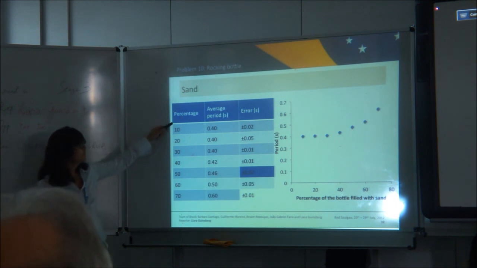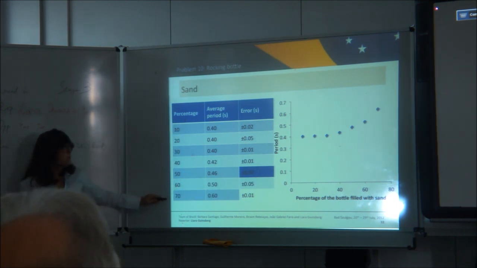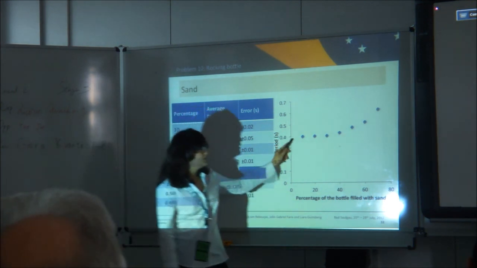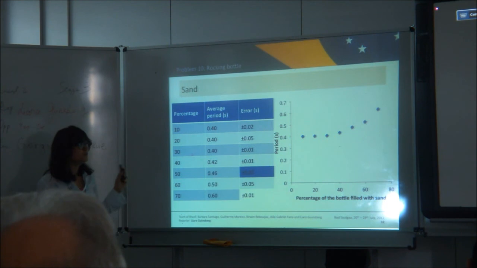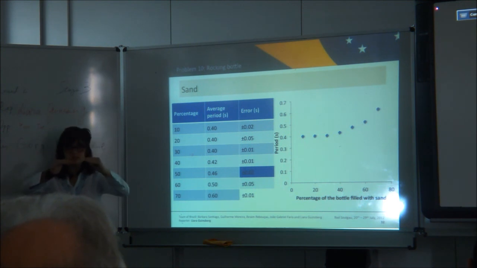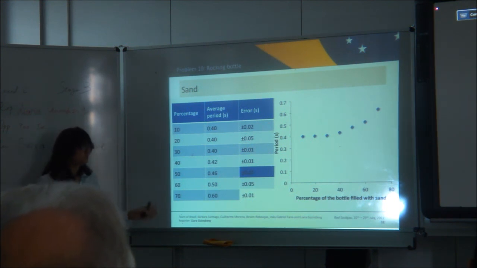Here we can calculate the average period varying the percentage of sand, and here we can see the graph. We cannot calculate the tendency, but we can explain this experimental data, because as we change the percentage of the bottom fluid, we also change the center of mass, and therefore we change the torque acting on the bottle. So we change the restorative force.